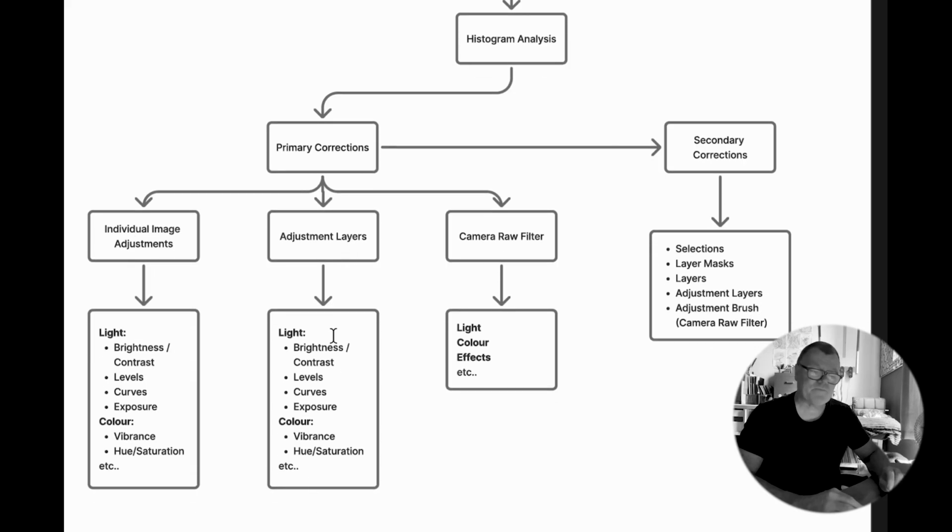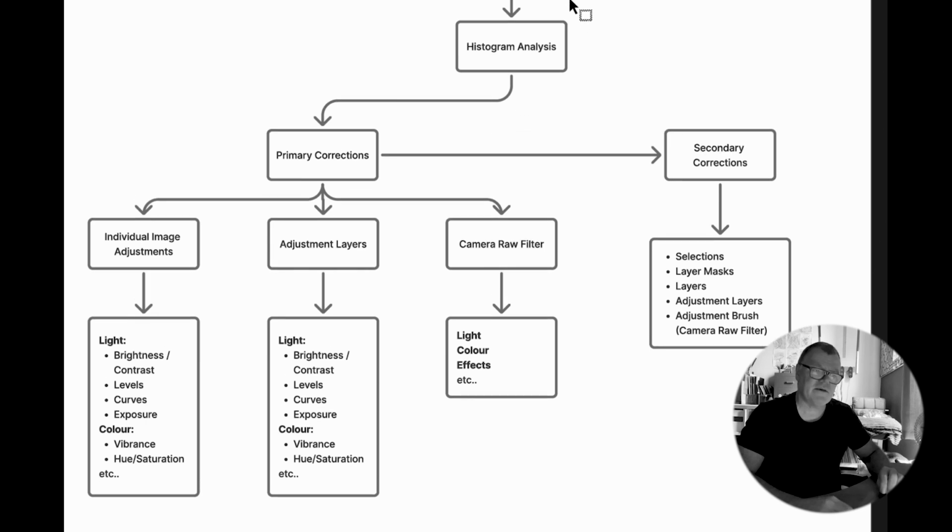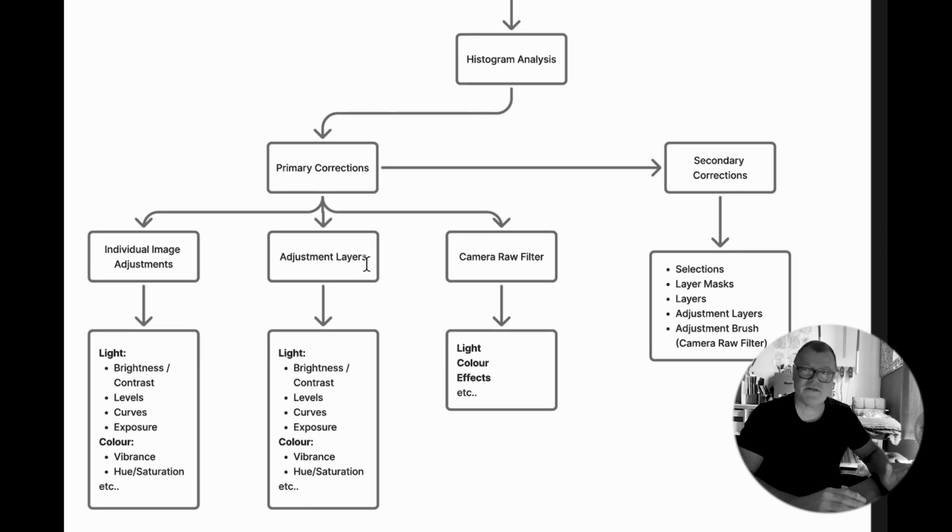Adjustment layers are a slightly different way of applying adjustments because it's a layer that contains the adjustment and it will work on all layers below it, or you can clip it to one particular layer. Now, if you've made your layer a smart object, it's a little bit redundant to work with adjustment layers unless you are wanting to do secondary adjustments, but they're there if you need them.